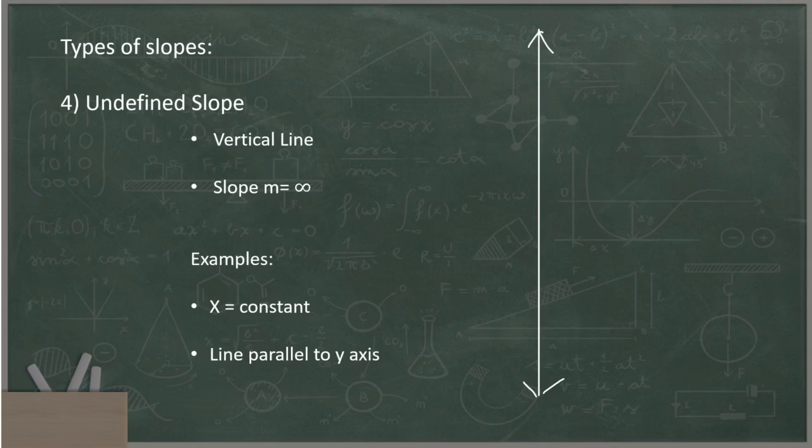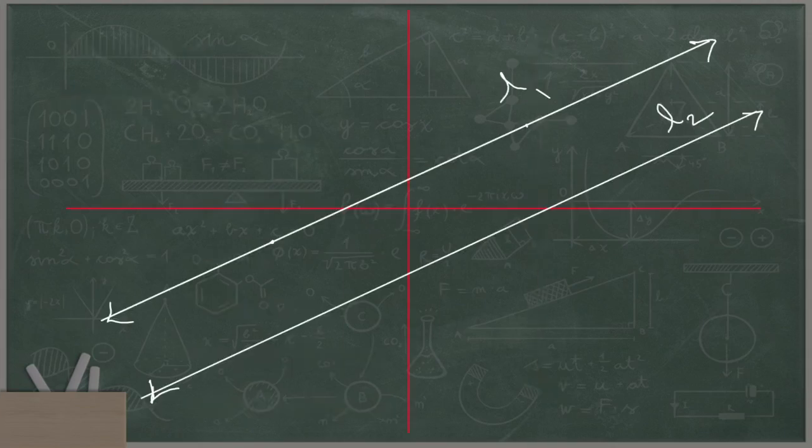So the line which is parallel to y-axis has the slope undefined. The form of a line which is parallel to y-axis is always x is equal to a constant. For example, x is equal to 1, x is equal to 2, x is equal to 2 by 3, like that.